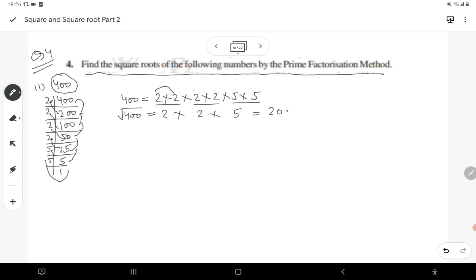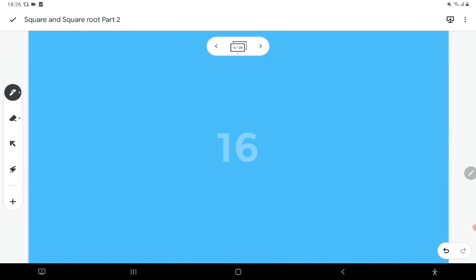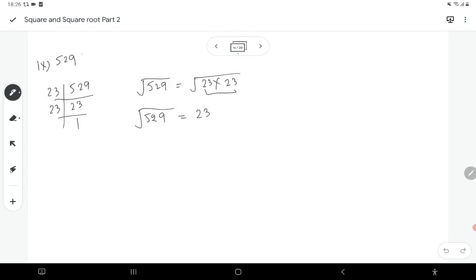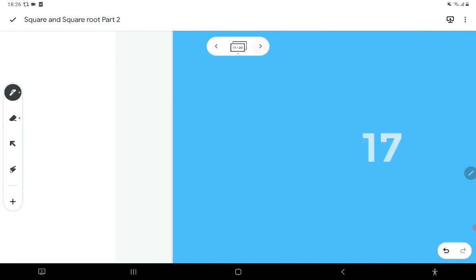So 2 into 2 is one pair, 2 into 2 is one pair, and 5 into 5 is one pair. So 2 times 2 is 4, 4 times 5 is 20, which is the square root of 400. Next part is 529. So 529 is only divisible by 23. So 23 twenty-threes are 529. So 23 is the square root of 529.